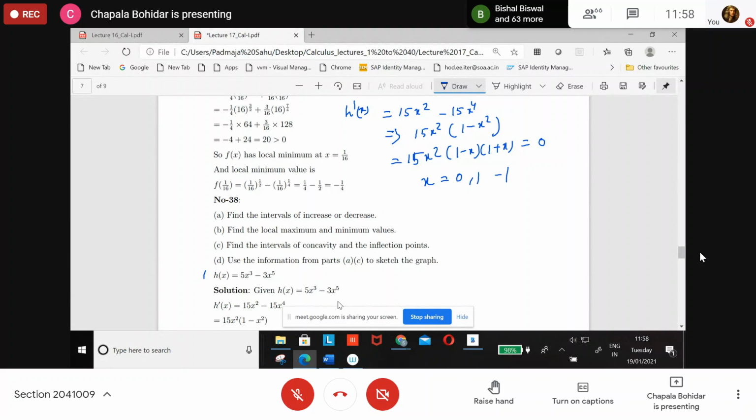What is the domain of your equation? What is the domain? The domain is all the real numbers, minus infinity to infinity.